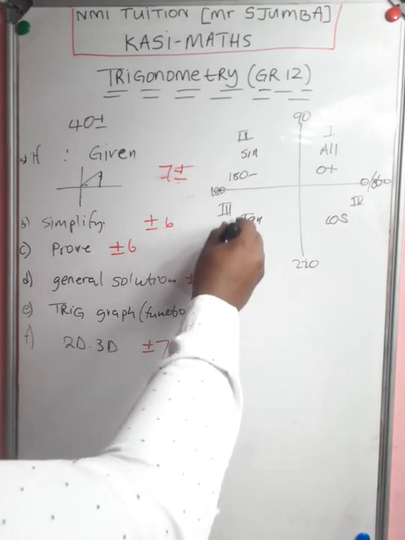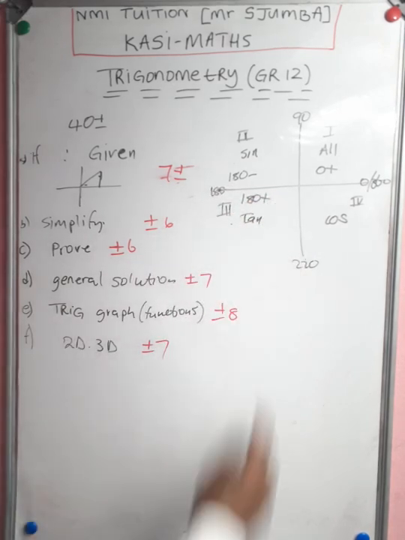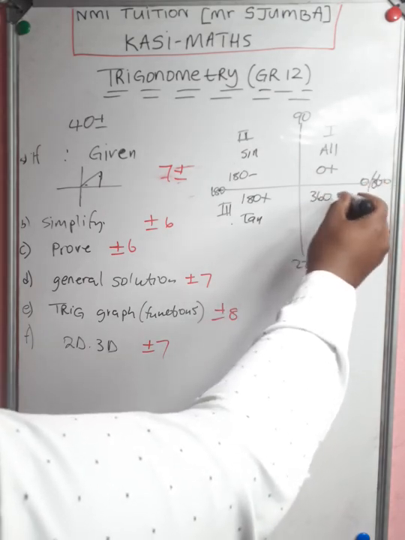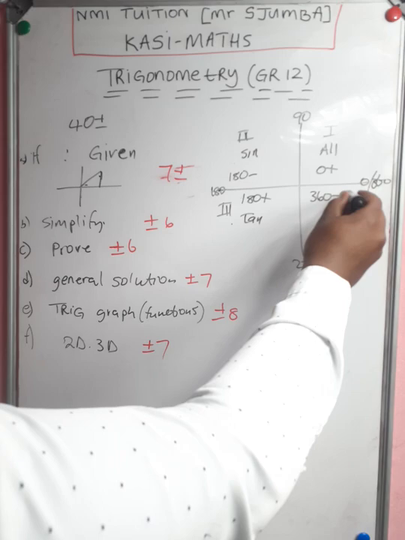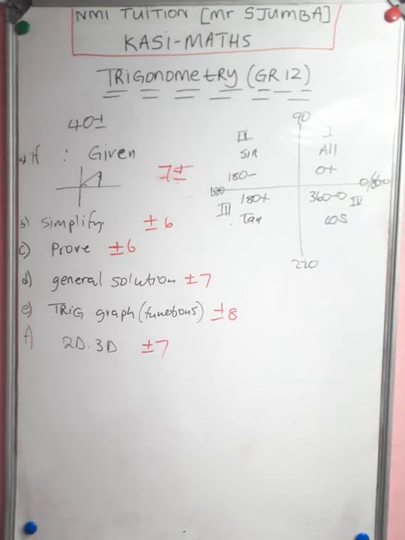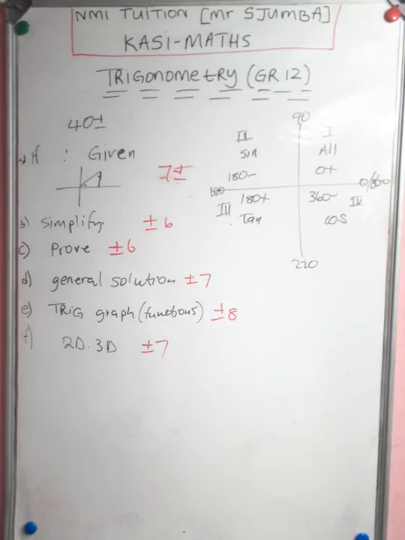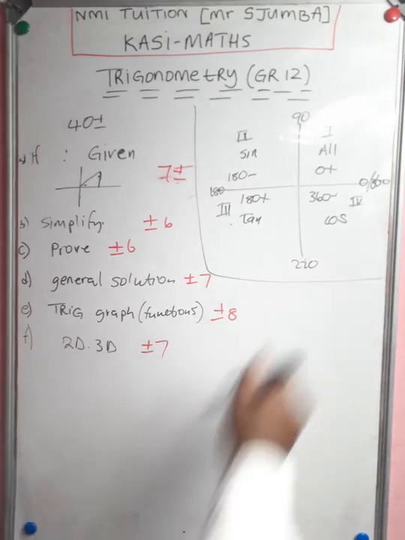If we go forward, it should be 180 plus. Then from 360, going back, it should be 360 minus. This is a reduction formula that you must know.